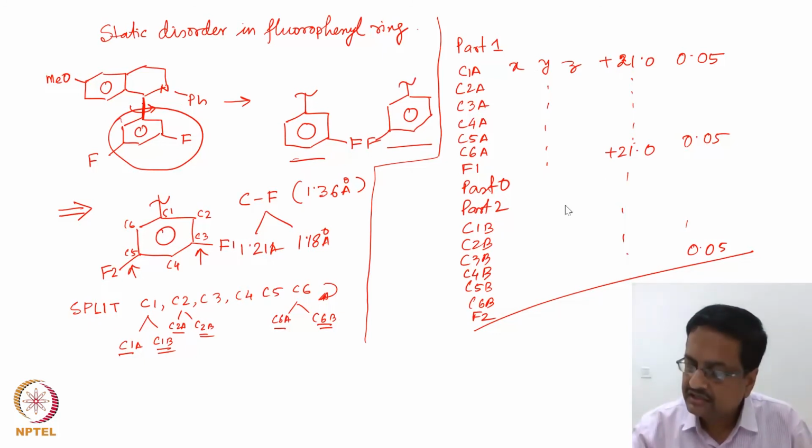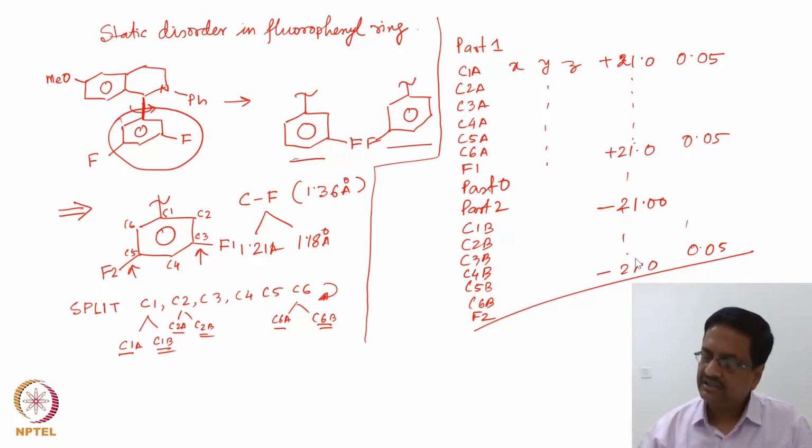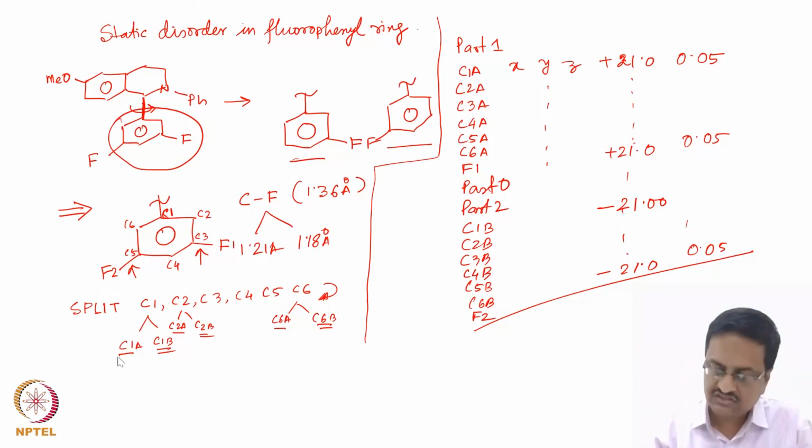So this will be the minus 21 as the occupancy parameter. Now we have two parts, part 1 and part 2. But you see that the atom C1, which is split as C1A and C1B, are located at the same place. C2A and C2B are located at the same place. Like that, C6A and C6B are located at the same place.